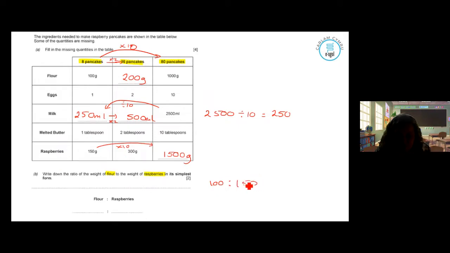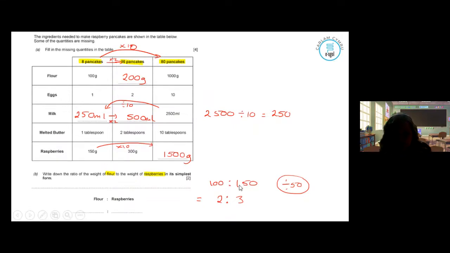So I have this ratio that I need to simplify, 100 to 150. I know 50 goes into both of them, so I'm going to start by dividing both by 50. 50 goes into 100 twice, 50 goes into 150 3 times, and that's actually the simplified answer. So that would be where I stop.